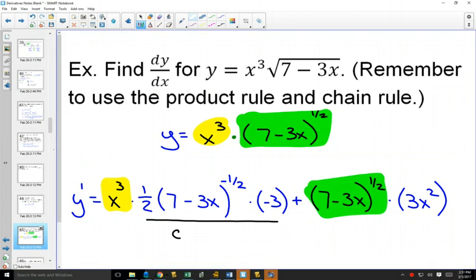When we did the derivative of our second, in order to do it, we needed a chain rule. So we did the outside function first, the 1/2 came in front, subtracted 1 from the exponent, and then multiplied by the derivative of the inside.